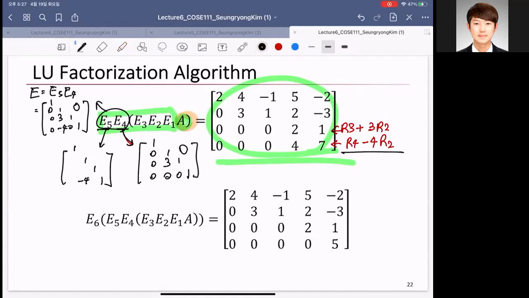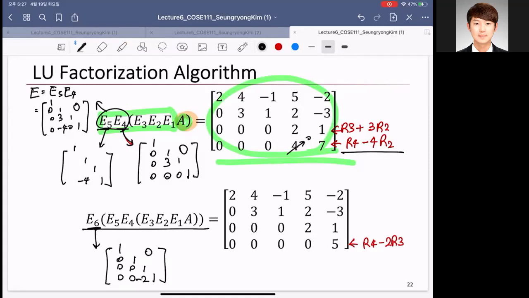Then finally, we have to make this term 0. Then the new R4 should be the original R4 minus 2R3. So this new E6 is going to be 1, 1, 1, 1, negative 2, 0, 0, 0, 0, 0, 0, right?